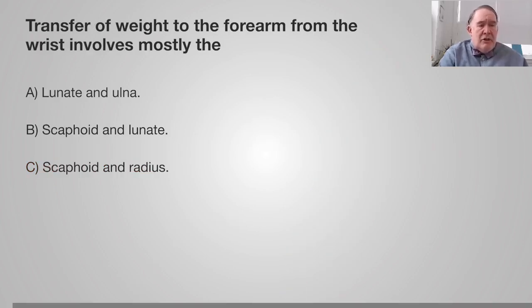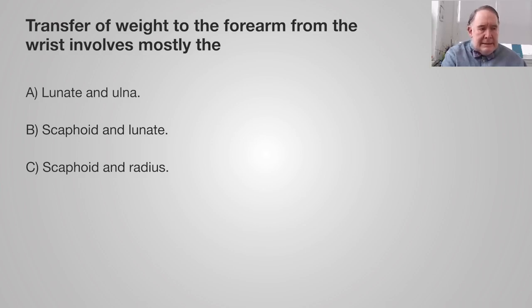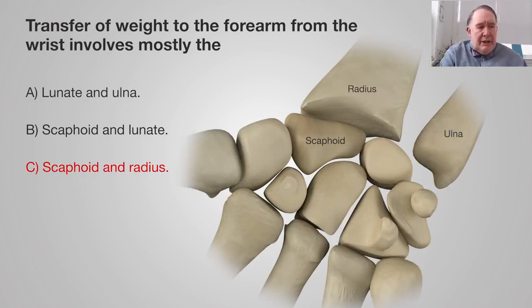And then transfer of weight to the forearm from the wrist involves mostly the lunate and the ulna, the scaphoid and the lunate, or the scaphoid and the radius. If you said scaphoid and radius, that's good.